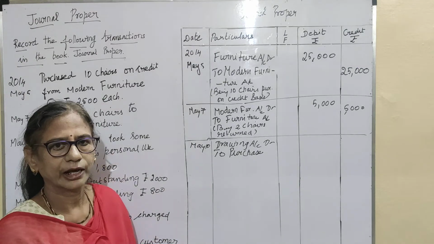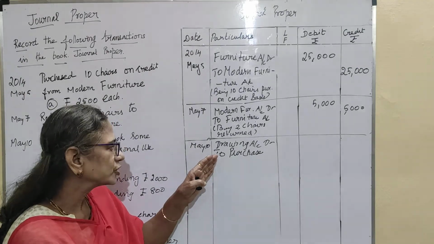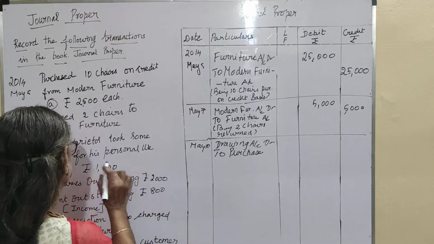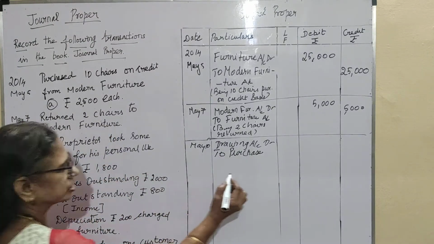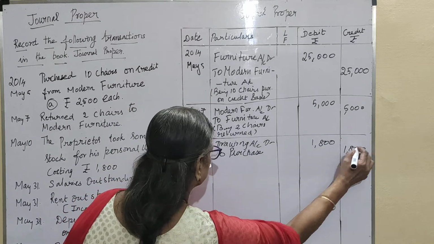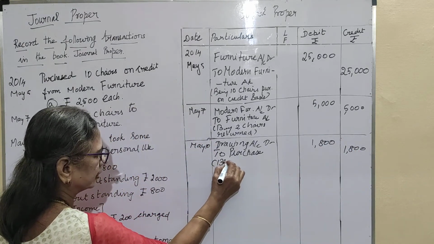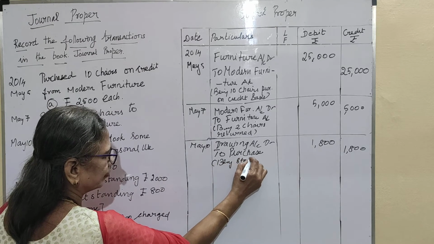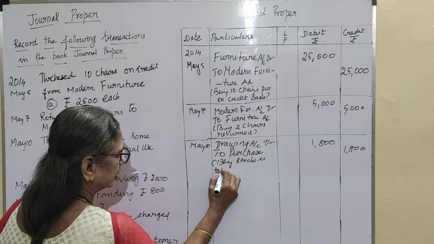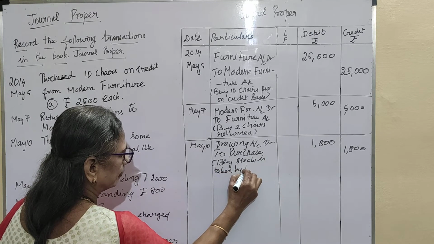All the assets are on the DR side. When stock is reduced, it will come on the CR side. How much? 1,800. Being stock is taken by the owner.